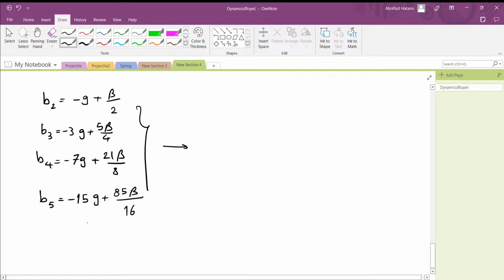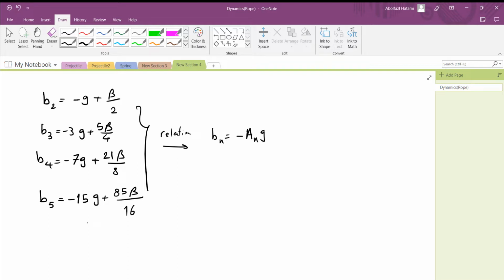Okay, as you can see here, we can obtain the relation in which bn is made of 2 parts: minus, I call it an, times g, plus cn multiplied by beta divided by something.